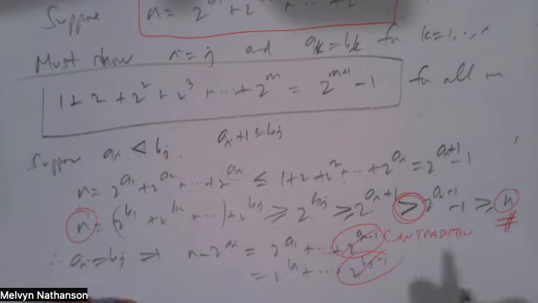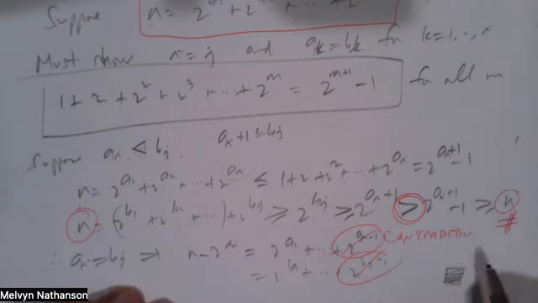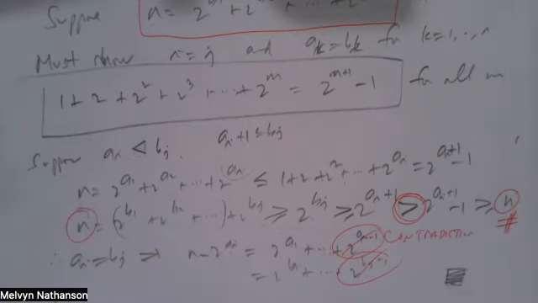So this is the argument of the uniqueness of the dyadic, the two-adic representation of an integer. Okay. Well, these are just examples of proving results in number theory using mathematical induction.